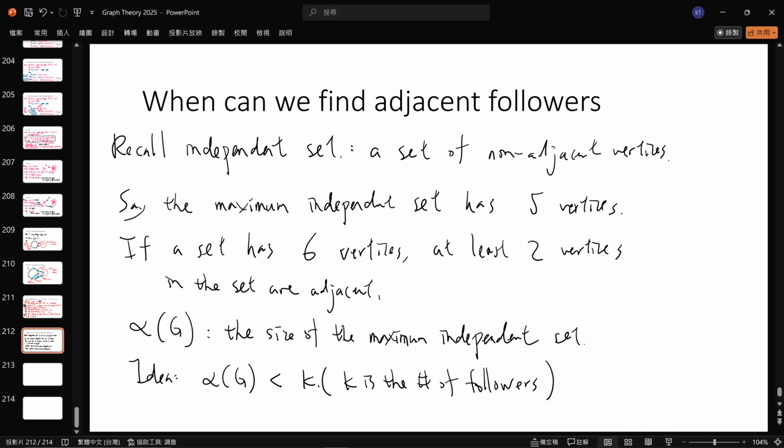But now we have the second question, that is, what is k? We cannot know the number of followers. So next we're going to build a lower bound for this number of followers.